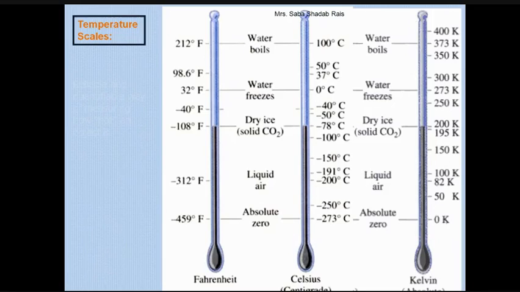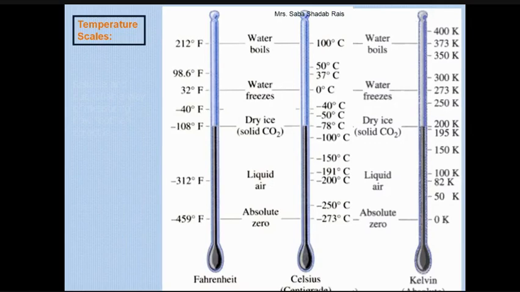I repeat, the freezing and boiling points, the two reference points, were divided into 180 small intervals, and each was called a degree Fahrenheit. The freezing point is taken as 32.